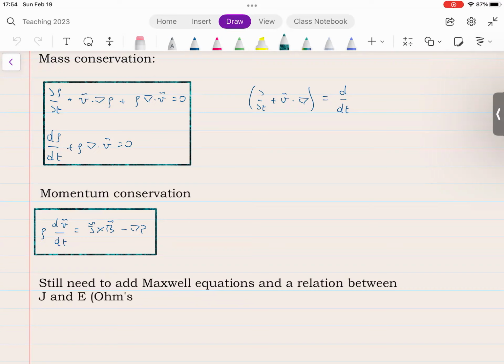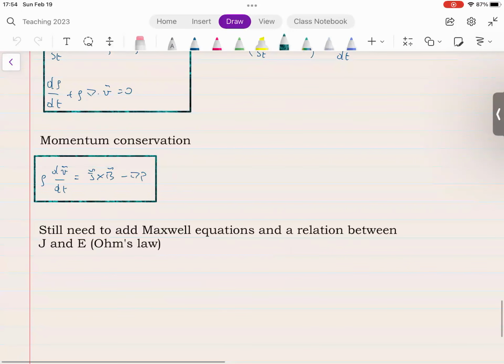This could be an ideal Ohm's law. That's okay. But if it's not, then I need that equation too. And that's all that we have time for now.